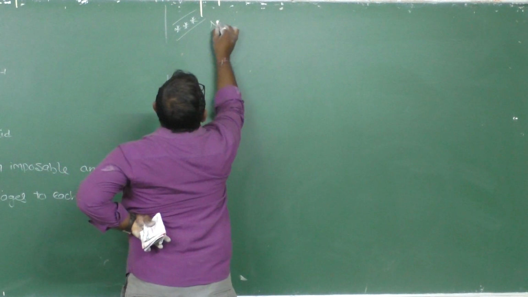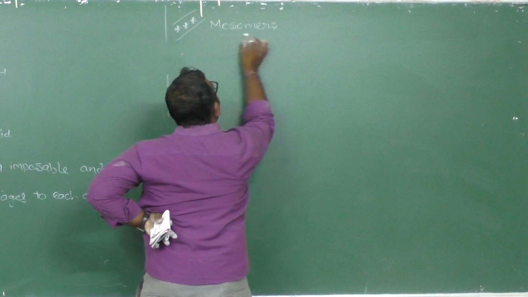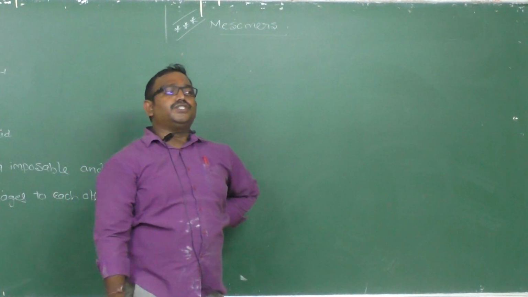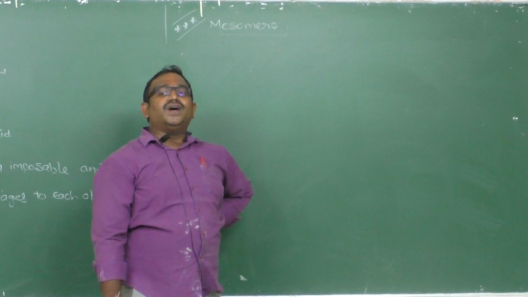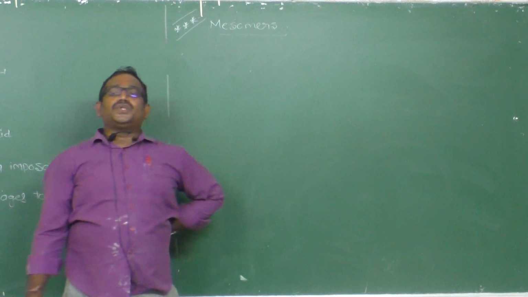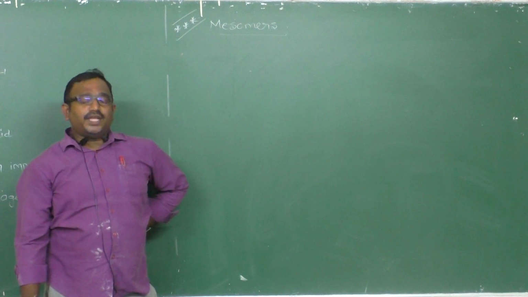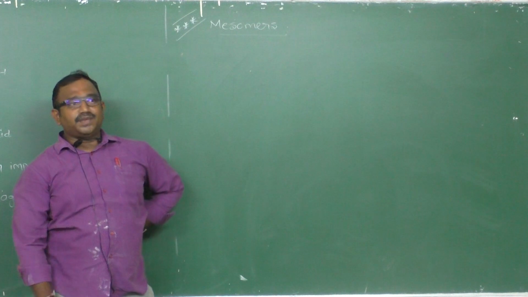Next one is mesomers. Mesomers are carbon compounds having more than one chiral carbon, but they are optically inactive due to the presence of a plane of symmetry.